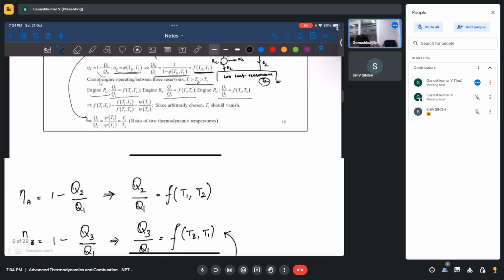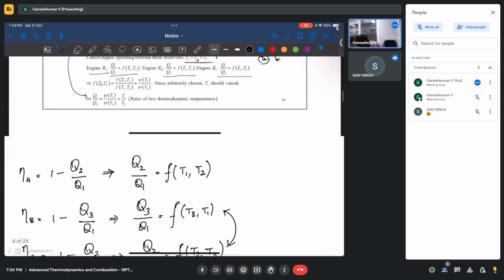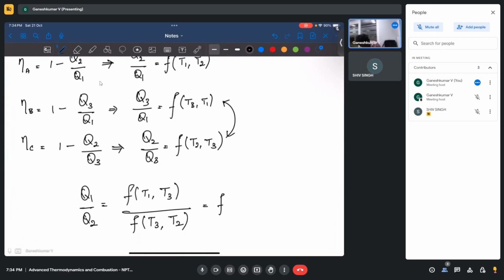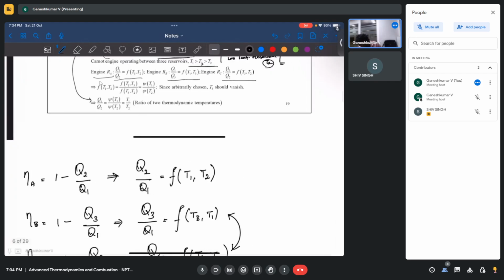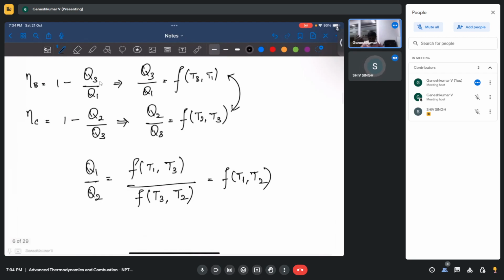This is what they wrote here. So this should be a function of just T1 and T2, and T3 is common in between.